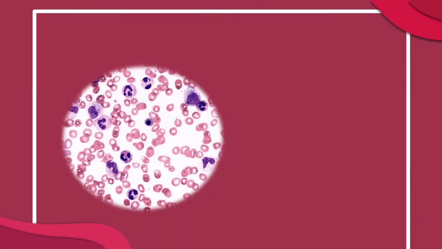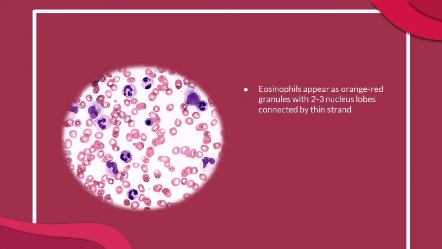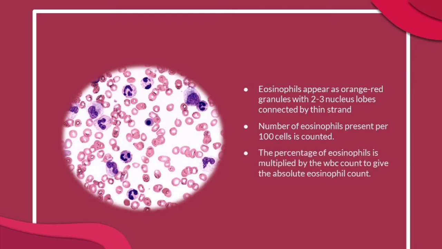As a result, by looking under the microscope, eosinophils will appear as orange-red granules with 2 to 3 nucleus loops connected by thin strands. Then the number of eosinophils present per 100 cells is counted. The percentage of eosinophils is multiplied by the white blood cell count to give the absolute eosinophil count.